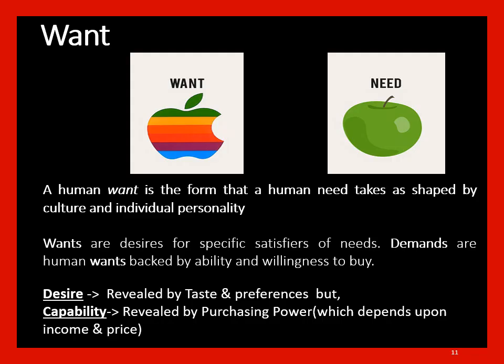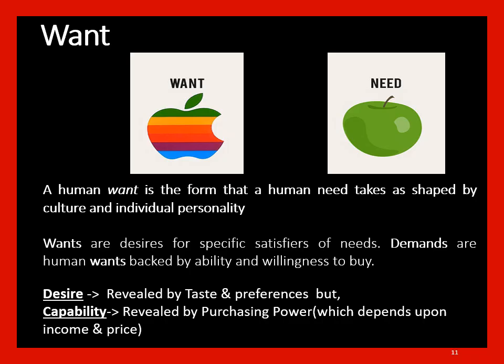Wants are desires for a specific satisfier of needs, whereas demands are human wants backed by ability and willingness to buy. Desire is always revealed by taste and preferences, whereas capability is revealed by purchasing power, which depends upon income and price.